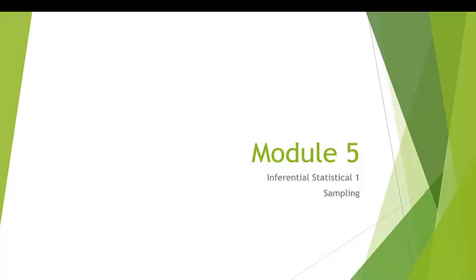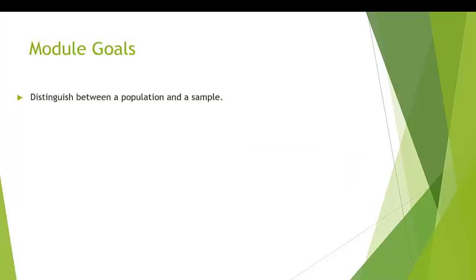But let's talk about, first of all, the goals of our module. We'll revisit these at the end, but our first goal is to distinguish between what a population is and what a sample is. Describe the role of sampling in inferential statistics.